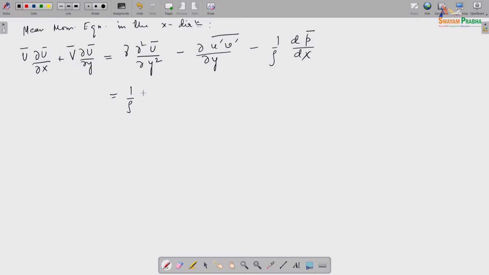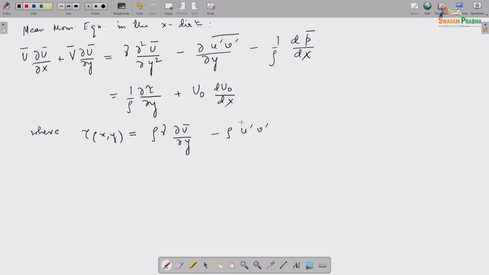And this is essentially, if I write this like this, where tau is defined.